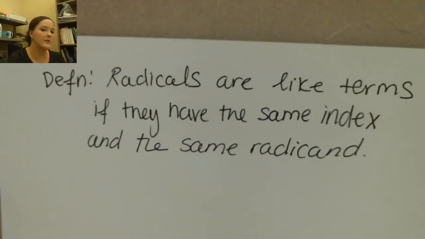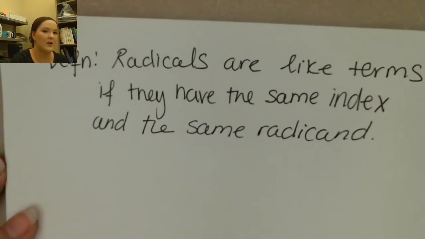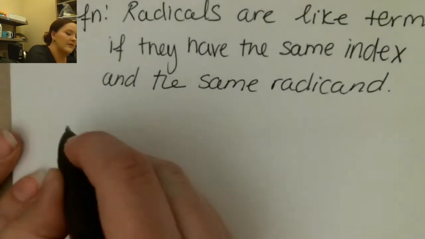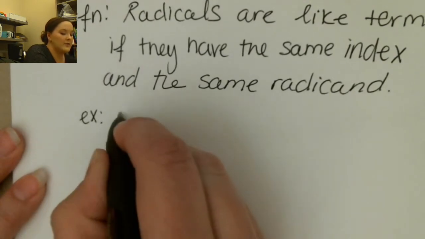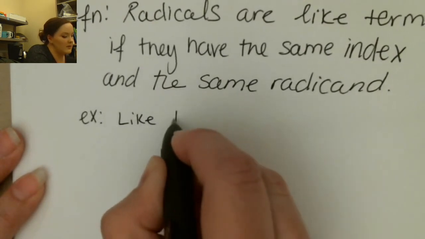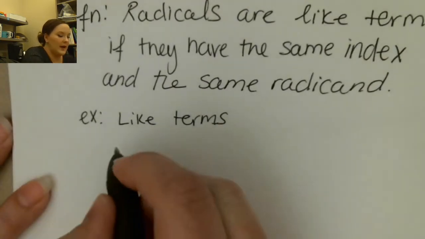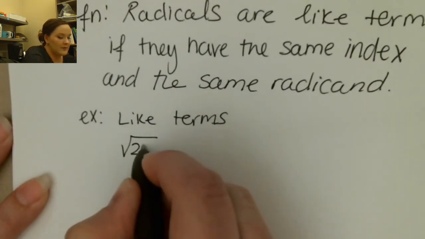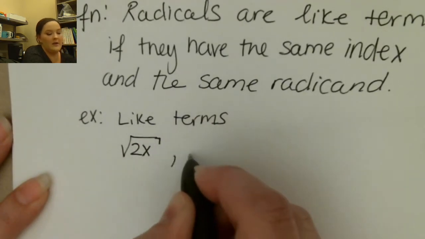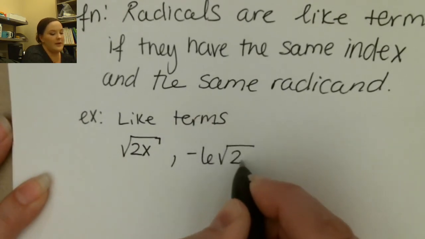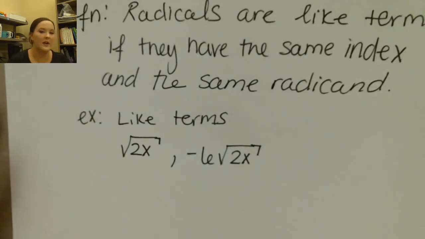Okay, so let's look at a couple examples of things that are like terms and then some stuff that are not like terms. Okay, so these ones are like terms. Okay, so you might have something like root 2x, okay, and then -6 root 2x. Okay, these both have index 2.